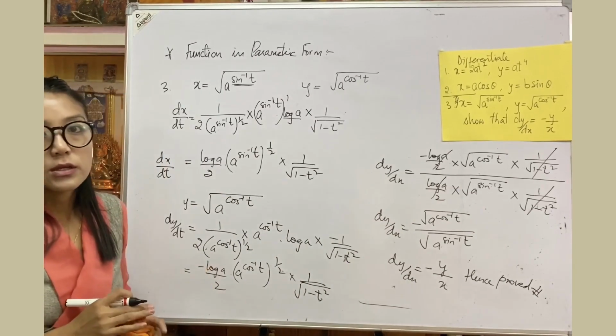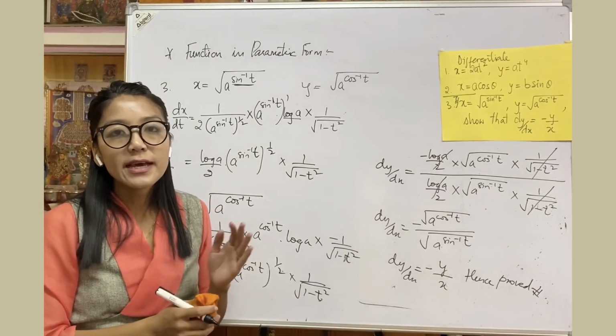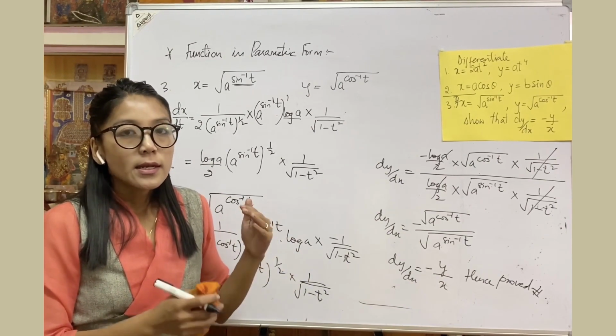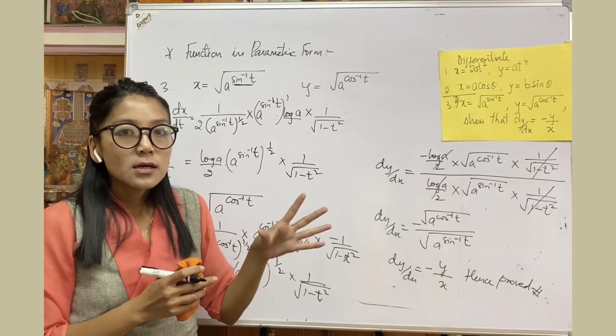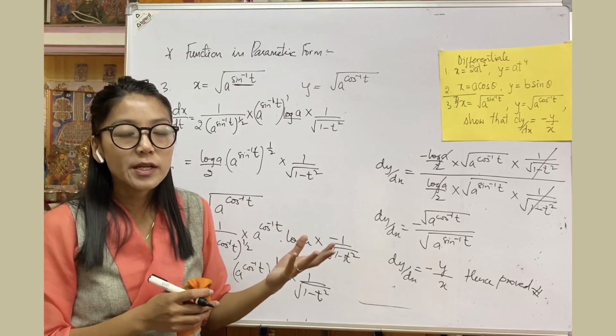It's very simple. The only thing you have to remember is that when a function is expressed in parametric form, it means x and y are expressed in terms of a third variable.